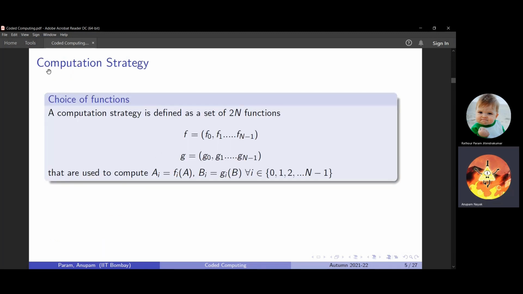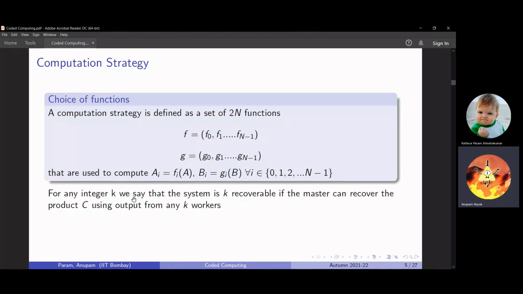Computation strategy is basically a set of 2n functions, f_0 to f_{n-1} and g_0 to g_{n-1}, that are used in our encoding. A_i and B_i are defined as f_i of A and g_i of B. For any integer k, we call this set of functions k-recoverable if the outputs of just k out of the n workers can help us recover the product correctly.